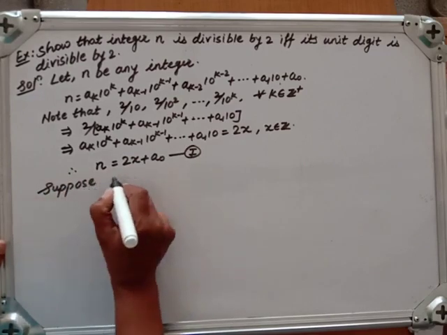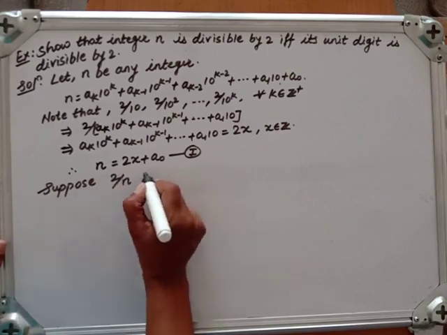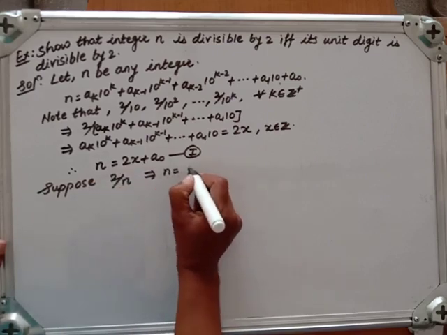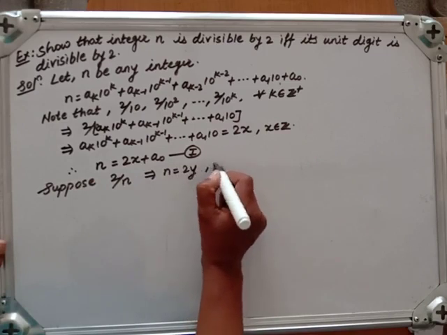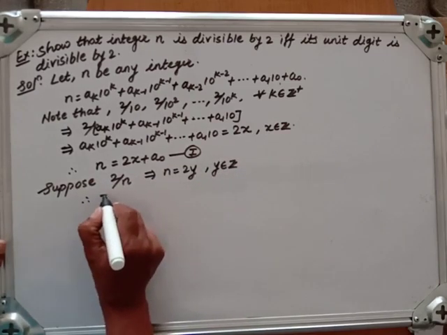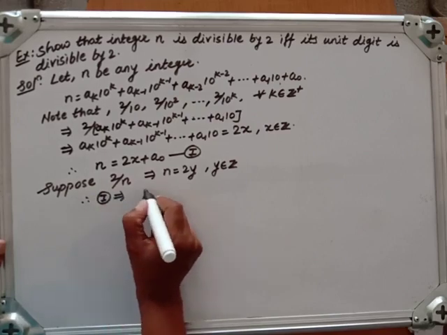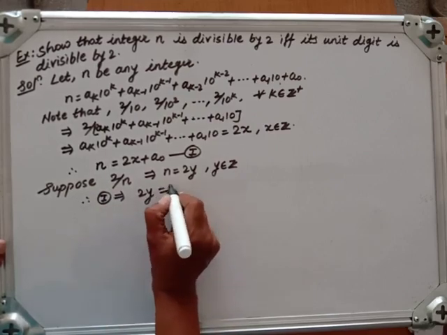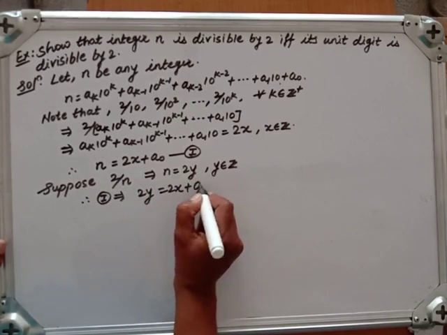Suppose 2 divides n. This implies n is equal to 2y, where y belongs to Z. Therefore, 1 implies 2y is equal to 2x plus a naught.